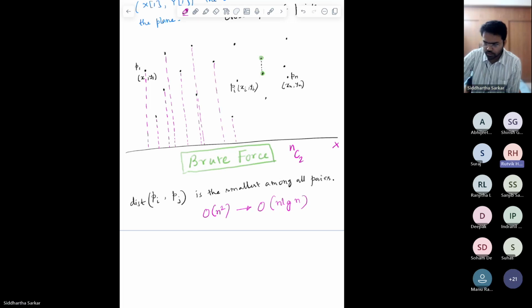I was thinking the same thing. You do the same N log n search that you did for the points on a line, but you do it twice, once on the x-axis and once on the y-axis. And then you take the square root of the sum of squares of both of them and try to find which has the minimum value there.